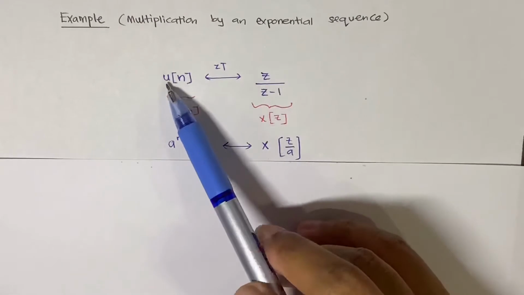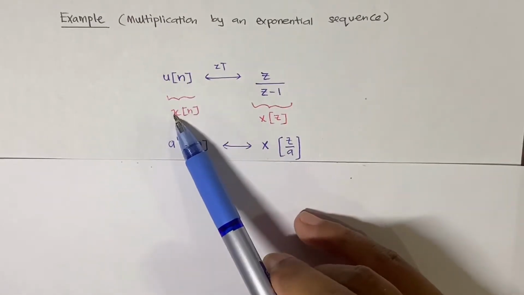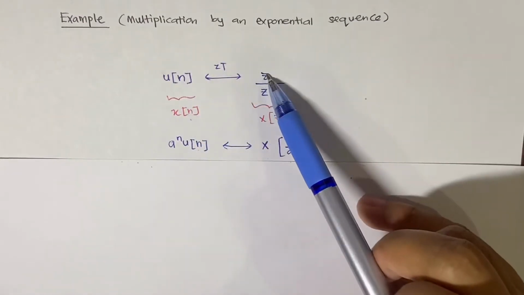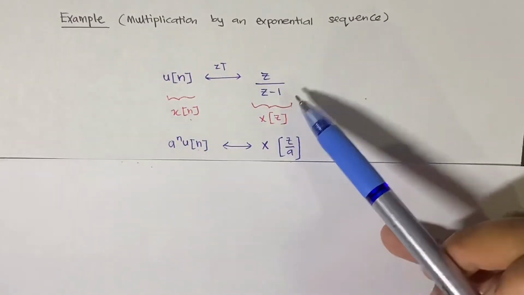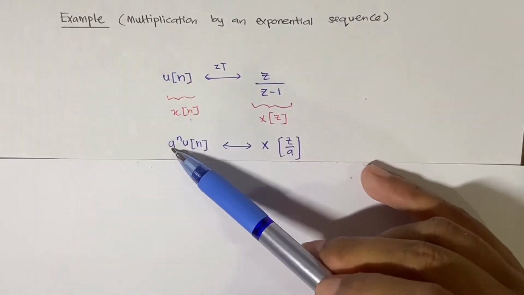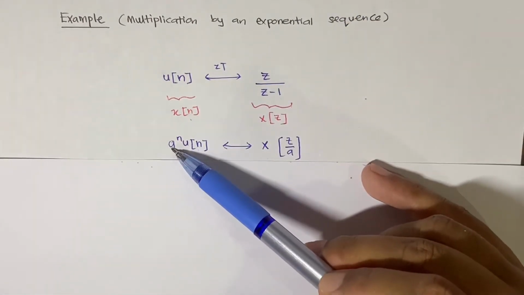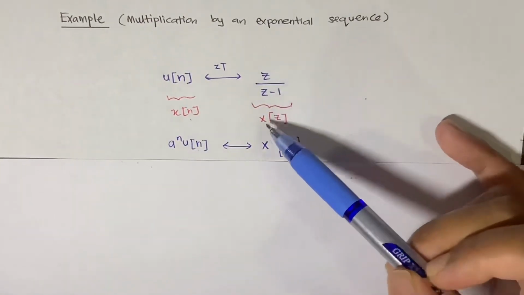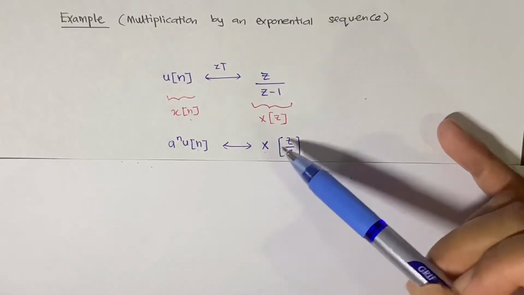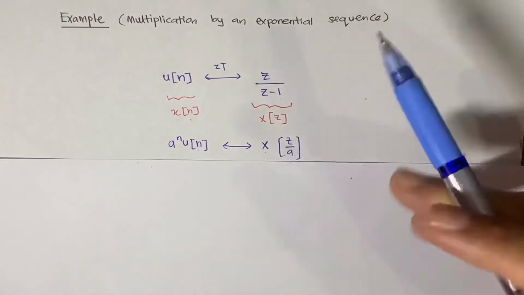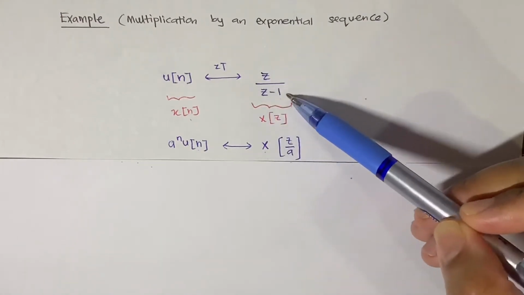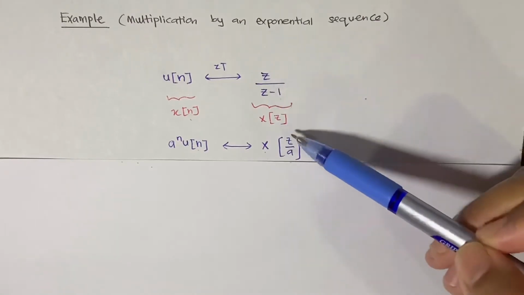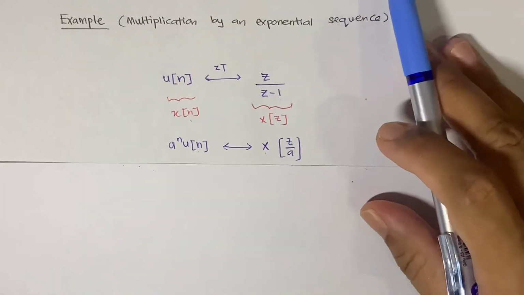So we know that if u[n] is the x[n] signal, performing the z transform for u[n], you will get z over z minus 1. When you apply the multiplication by exponential sequence a to the power of n, automatically the X(z) here will change to X(z/a). So the z transform for z over z minus 1 is equal to changing z to z over a.